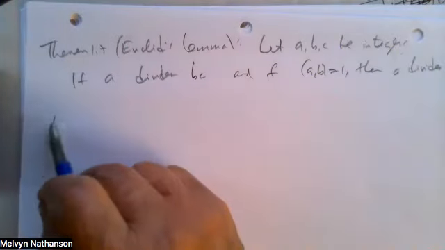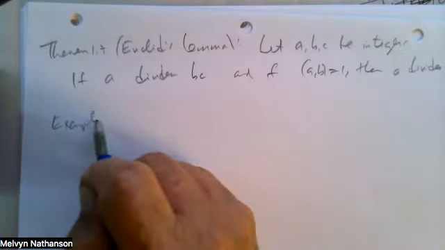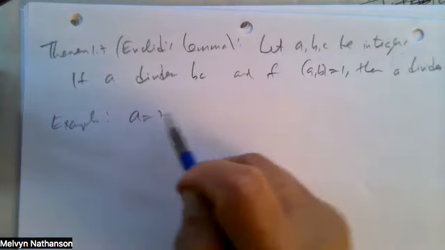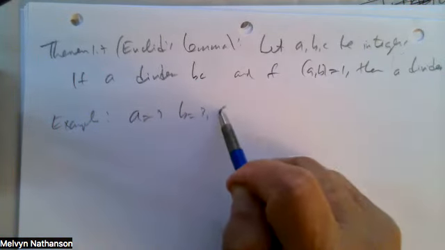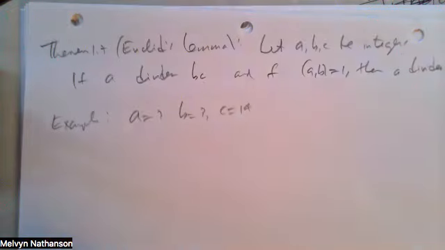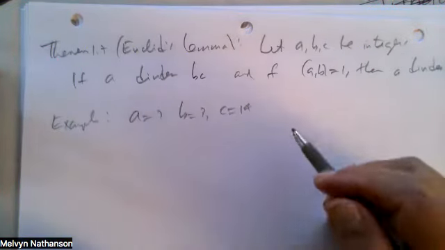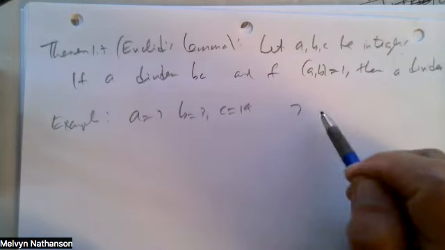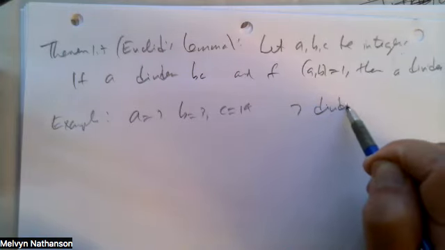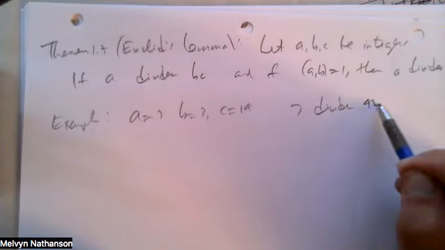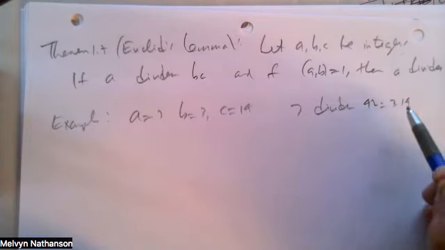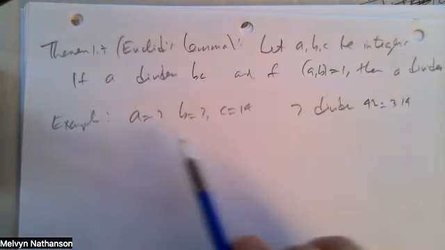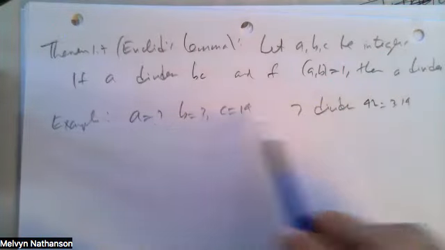So for example, A equals 7, B equals 3, and C equals 14. So 7 divides 42, which is 3 times 14. 7 divides BC. A divides BC.